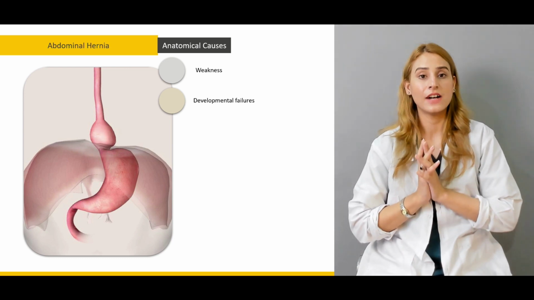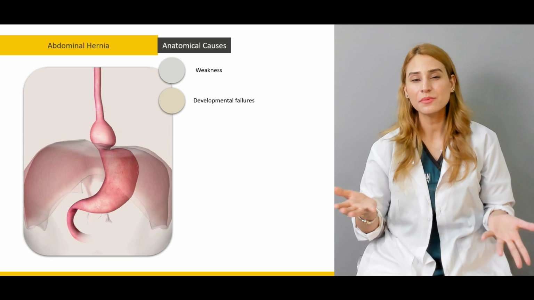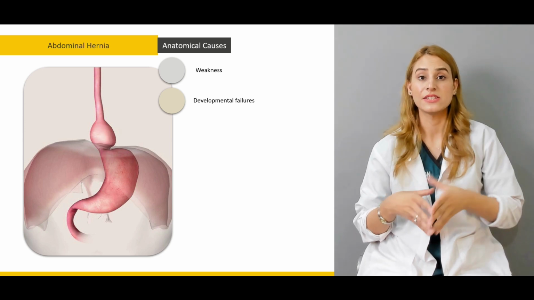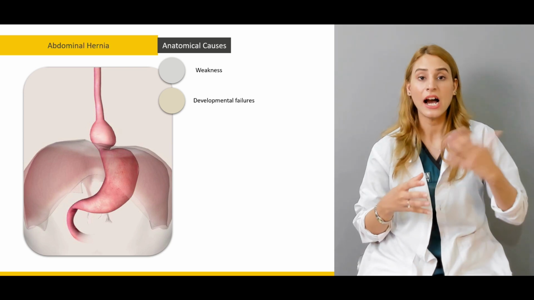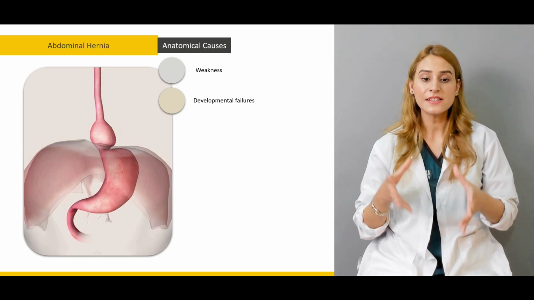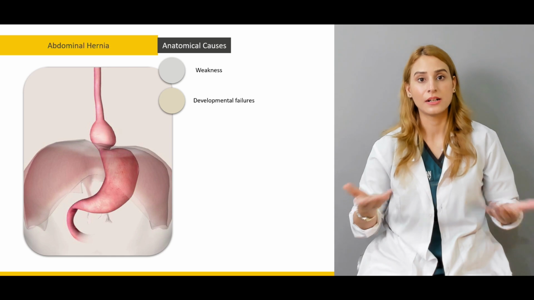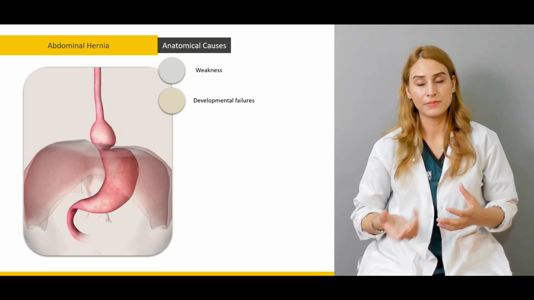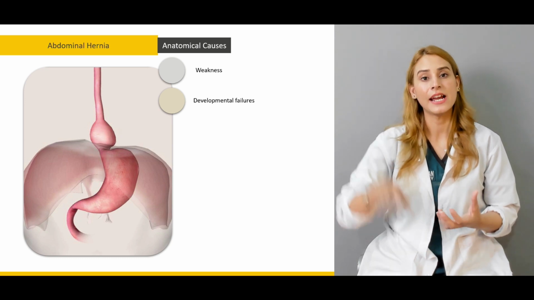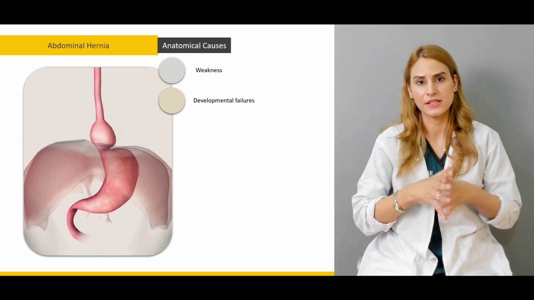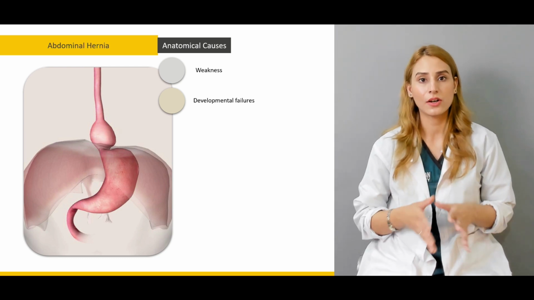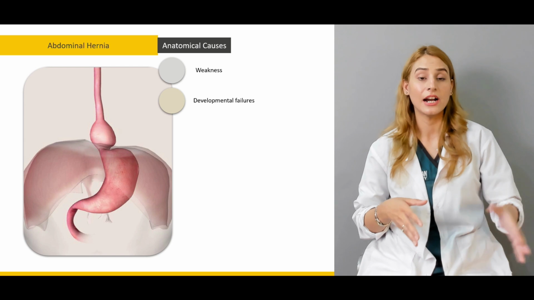The other is a developmental failure, right? What do you mean by developmental failure? Sometimes, if you talk about the diaphragmatic hernias or hiatal hernias, there's a defect in the diaphragm, and the contents herniate through the diaphragm. So there's a developmental failure. We are not going to talk about the diaphragmatic or hiatal hernias today.